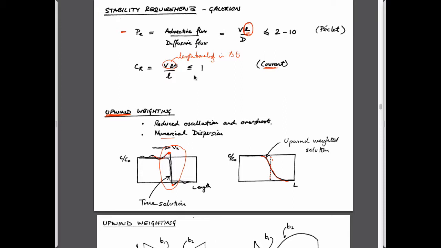And if it's less than 1, it means it will have been captured within that window. That's the physical explanation of it. And so to make sure that you capture that transport, you need to choose a time step for your solution which satisfies this criterion, where again this length is some characteristic length scale of your element. So it's the length of a one-dimensional element, or it's the average length of the element.